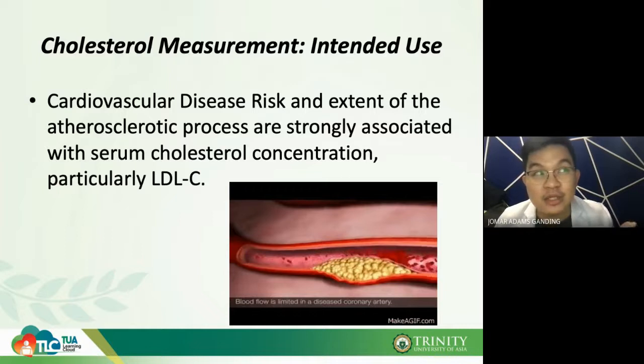Why? Because it would take 10 to 14 hours for your exogenous triglyceride to be cleared out of your bloodstream. Ang cholesterol kasi, the majority of your cholesterol is not from your diet but rather from your liver. Okay? So meaning to say endogenous.